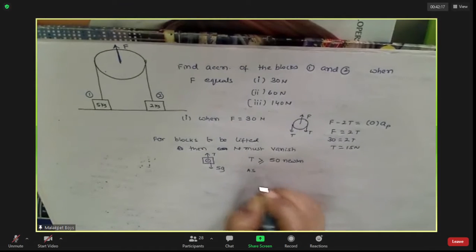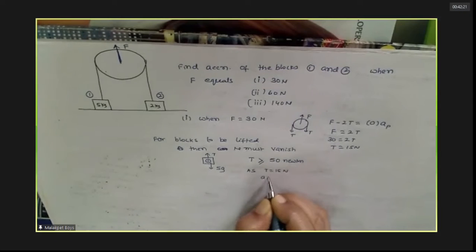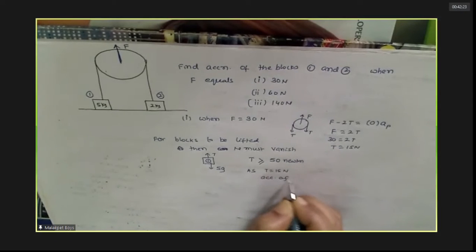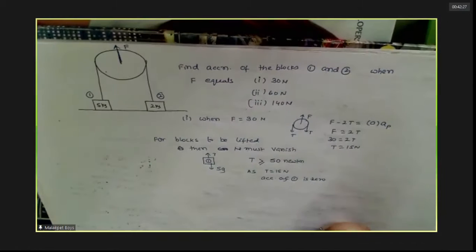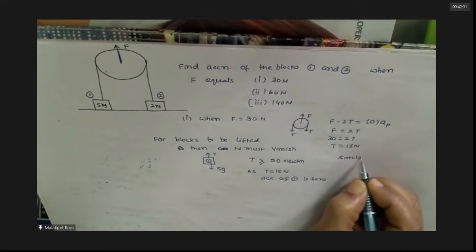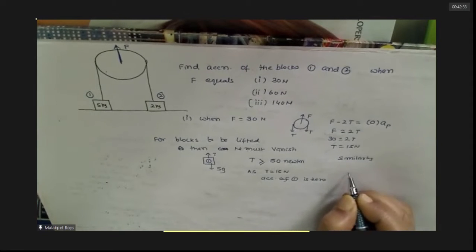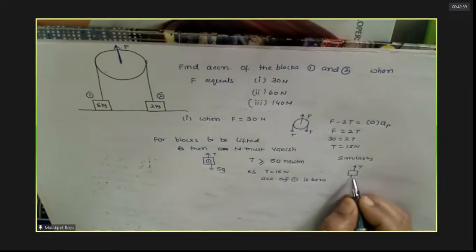As T equals 15 newton, what will happen? Acceleration of 1 is 0. Why? Because it won't be lifted, no? And similarly, if you take the right block, we can see that actually T is what? This is 20, 2g, no?